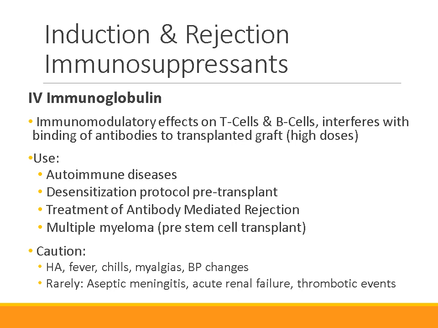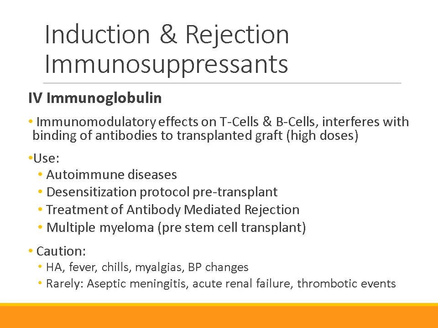IVIG is kind of versatile. We do see it used in some autoimmune diseases. It can be used in desensitization protocols pre-transplant. It can be used in the treatment of antibody-mediated rejection.